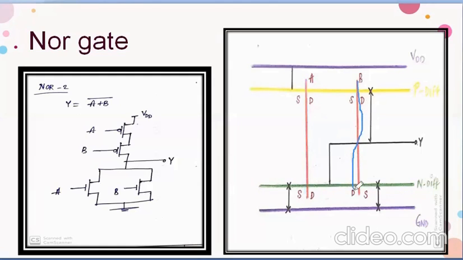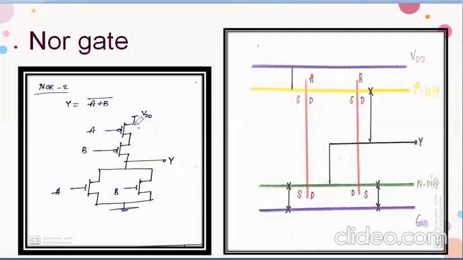So when the red polysilicon layer intersects with P diffusion or N diffusion, it will create a PMOS or NMOS. Now for PMOS, the upper terminal is the source and the lower terminal is the drain. For NMOS, the upper terminal will be the drain and the lower terminal will be the source.